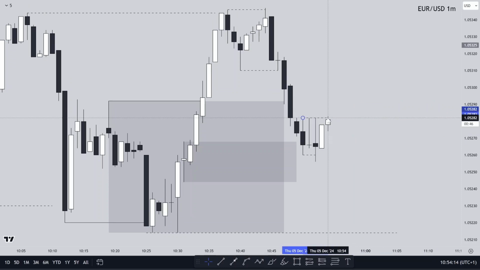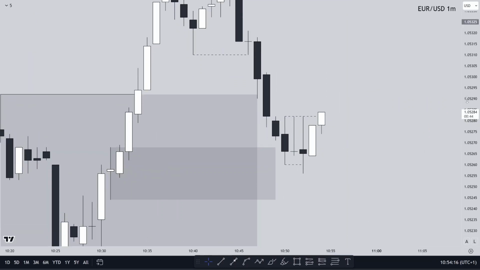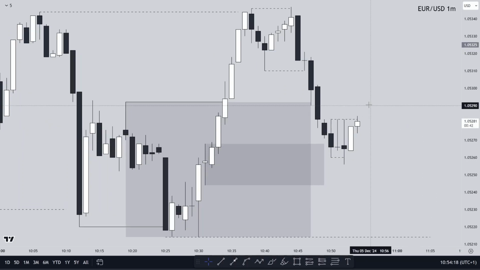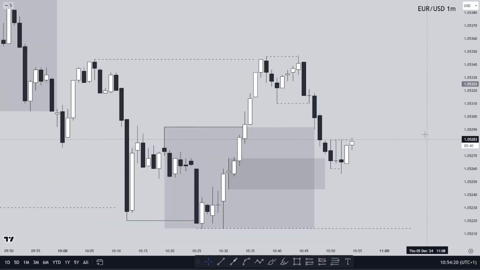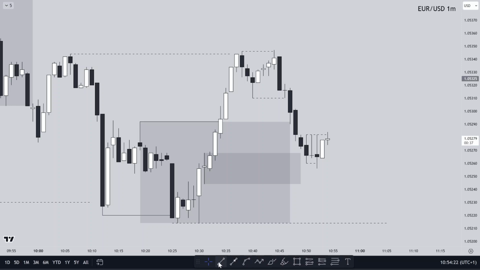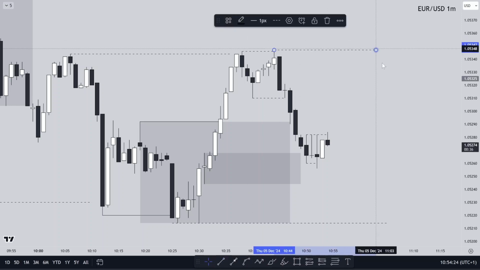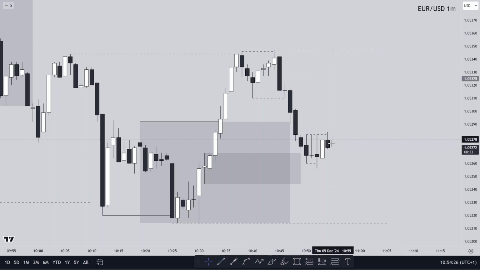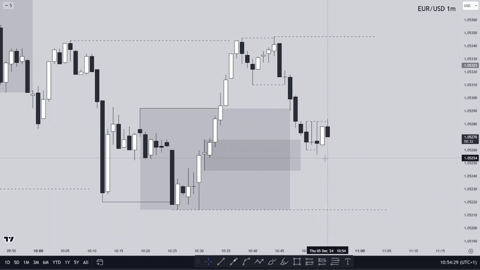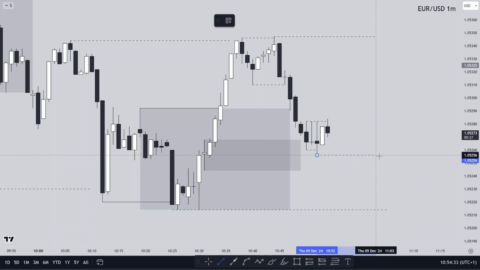So now let's see how this candle closes. If it closes above, so price will go up there, but if it closes below, so price will go, I mean, at least here, but I mean 100% it will go there.